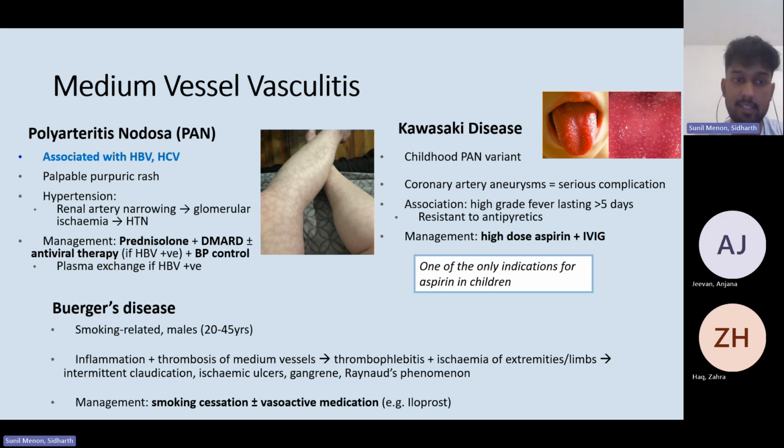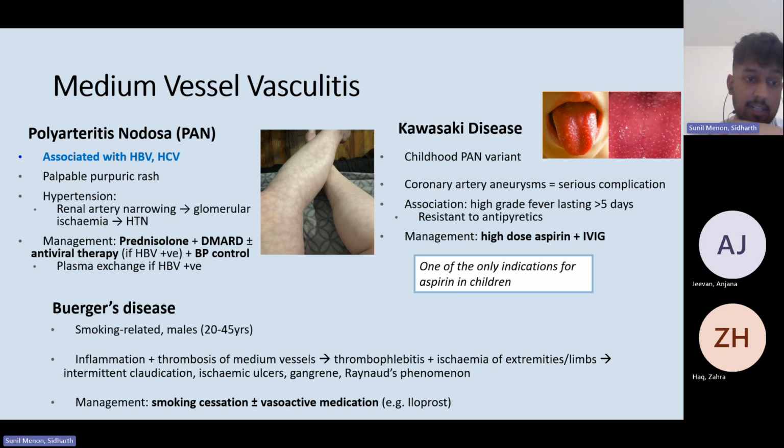It can affect the kidney, which can cause renal failure. It can affect the coronary system, leading to ischemic heart disease, MI. It can affect the gastrointestinal tract, leading to abdominal pain, nausea, MSK, arthritis, myalgia, obviously. Central nervous system, you can get skin and eye complaints, skin you've already seen.